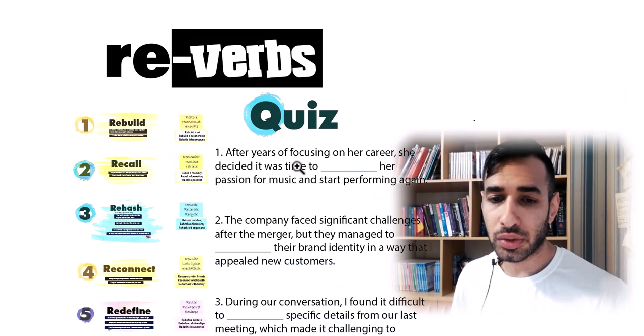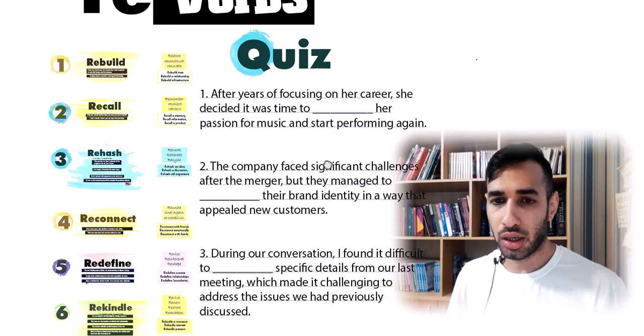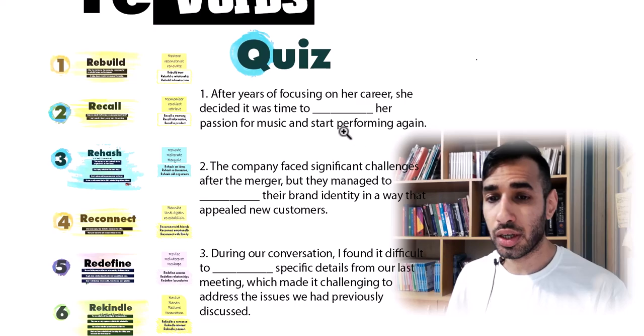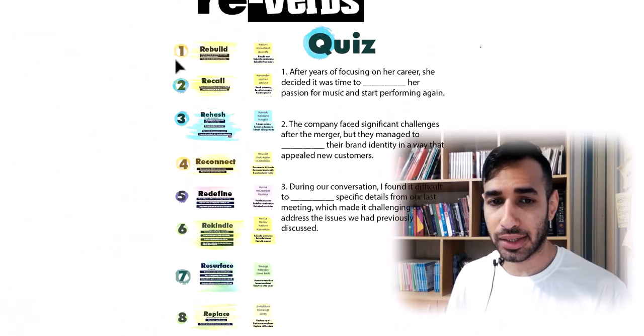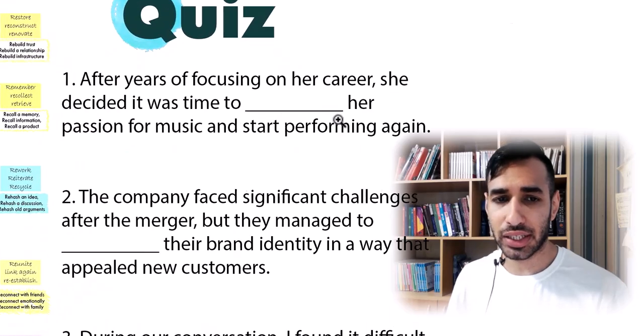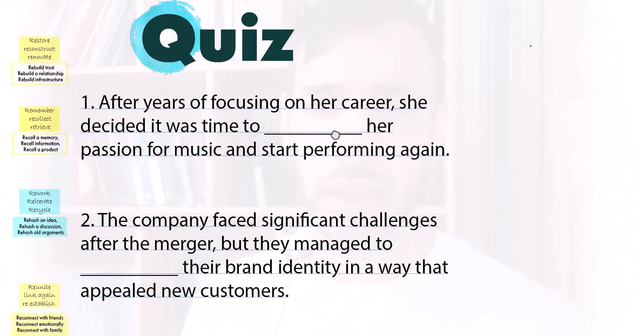Okay? Now, we have a quiz including 3 questions and we want to fill the blank using these 8 words. Let's read the first one and see if you can find the correct answer.